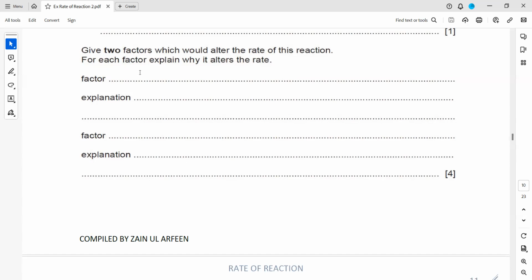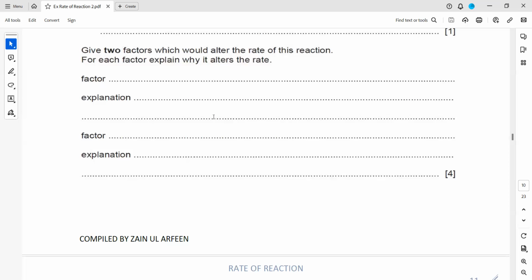It can be anything because the demand is alter. Alter means you can increase or you can decrease. Alter means change. So surface area, temperature, concentration of the substance. Temperature you can mention.